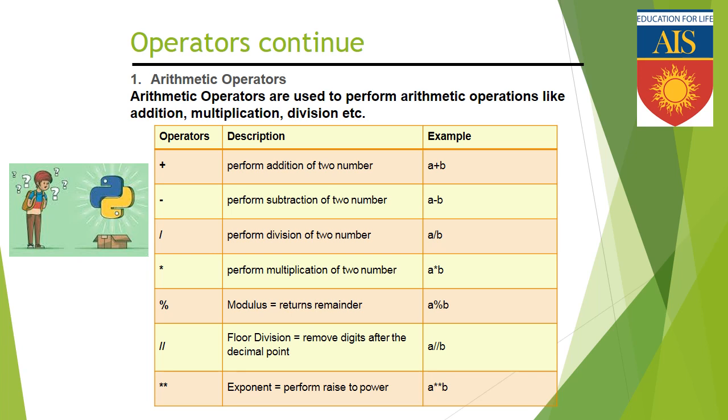In case of single slash, it can display the number after division with decimal, but if you give two slashes together, it will be considered as floor division, but over here you will not get any kind of decimal value. And then two asterisk signs together: single is for multiplication, but if you give two asterisk signs together, then it will be considered as exponent. It helps to perform power, raise to power.